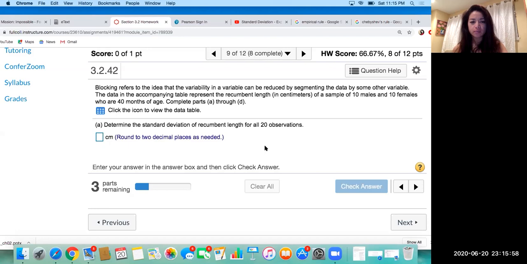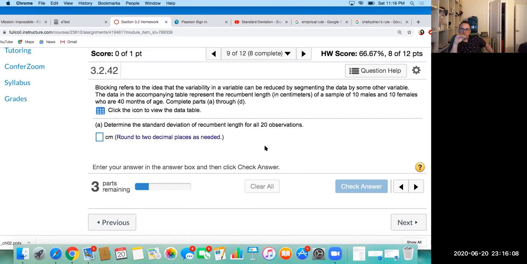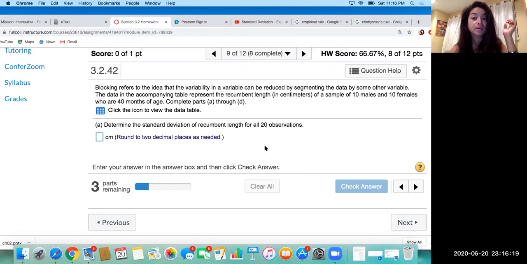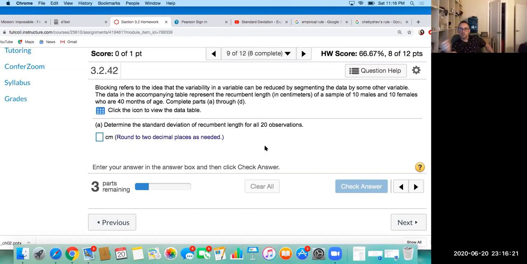Okay, hold on, let me look at the reference to the variable. There's one important word in this whole sentence. What is it? Sample. That's right. This is a sample.